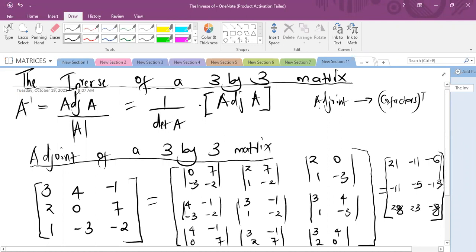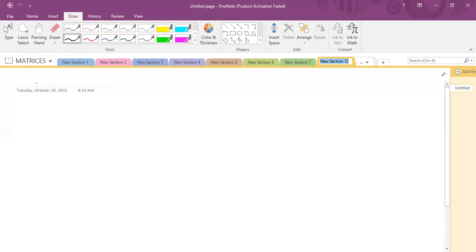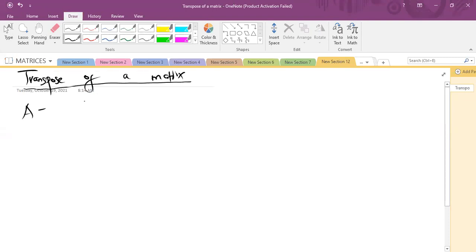Now, the next thing, as you can see, if we want to get the adjoint, we are supposed to get the cofactors and then transpose. So I want to show you guys how to transpose a matrix. Given, let's say, a matrix A equal to 2, 1, 4, 2.